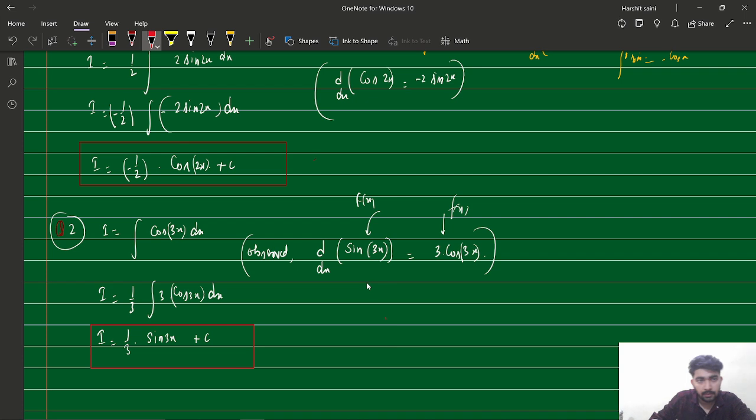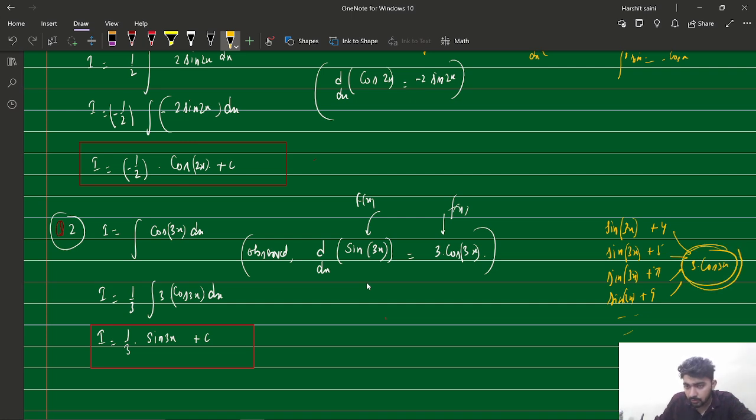You can see here, sin 3x plus 4, sin 3x plus 5, sin 3x plus pi, sin 3x plus 9, etc. All of these have derivative 3 cos 3x. It means for this 3 cos 3x, the integrals are this one, this one, this one, this one.